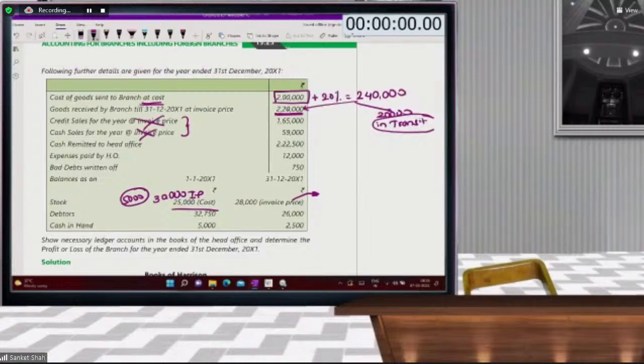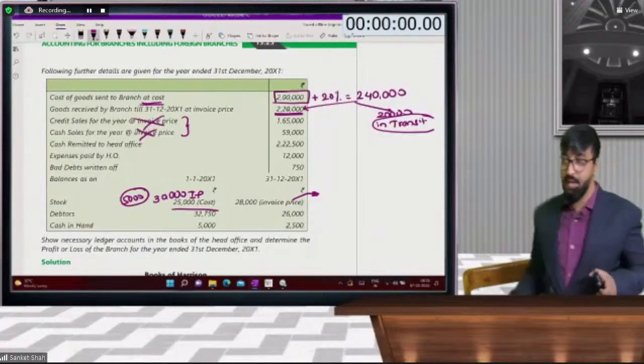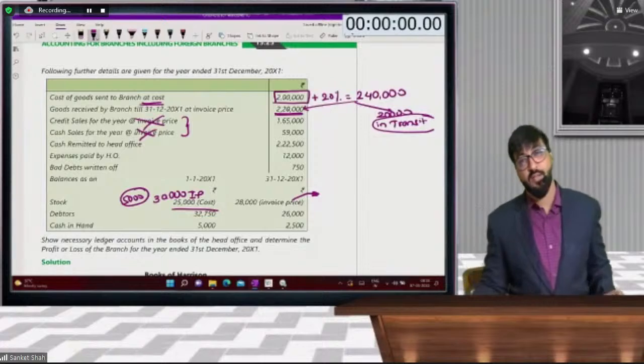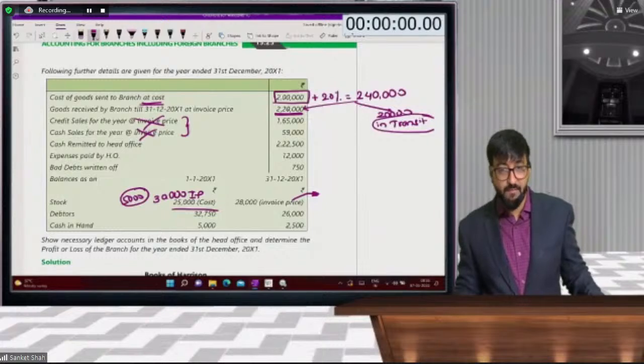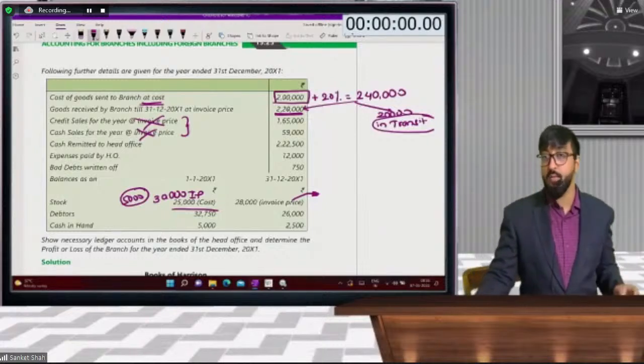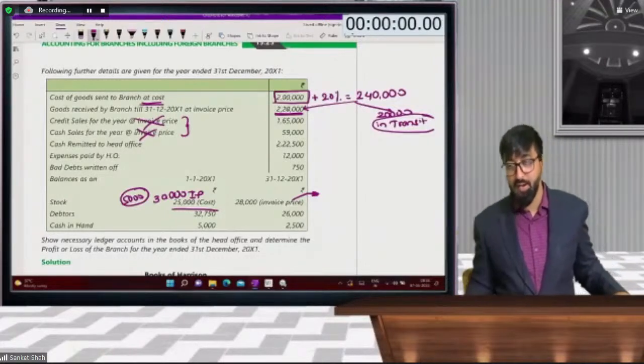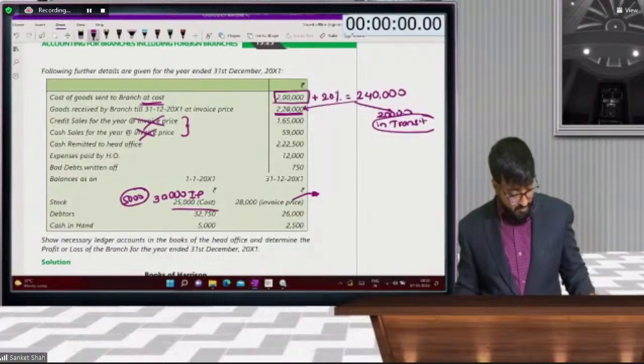Tell me the answer for 28,000, beta. Some students are in articleship. They watch my sessions, but the problem is that at 9:30, 10 o'clock they have to leave for the office, so it's very difficult for them. But still, some students are watching my sessions in the bus also. I got such a comment. Good.